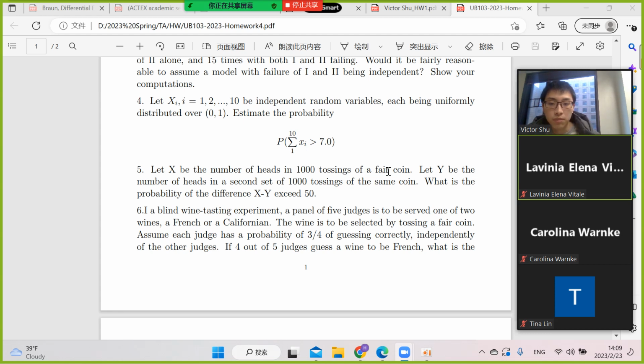But first, we have the distribution of x, we have the distribution of y, and the question is how do we find the distribution of x minus y, right? So x follows a binomial distribution with n equals 1000, that's the number of tokens we have, and p equals q equals 1/2. That is your probability of getting a head or a tail from a single token.